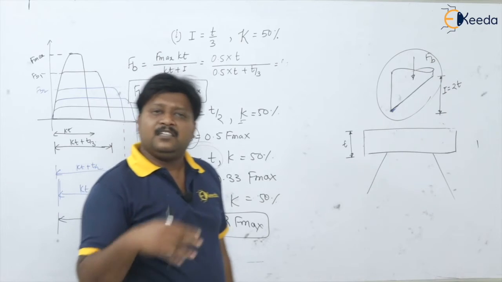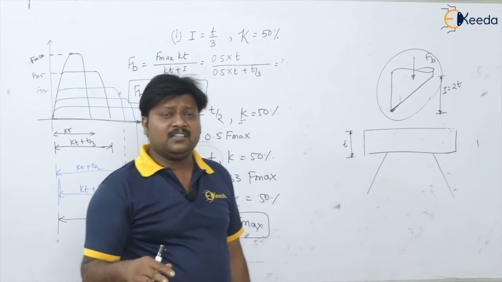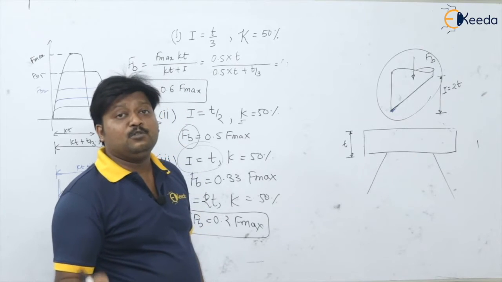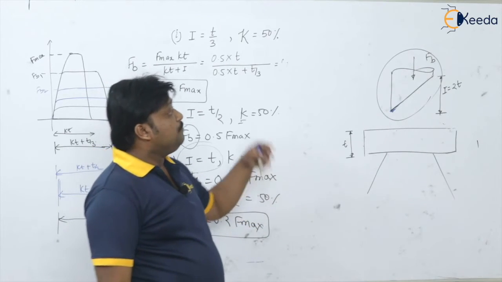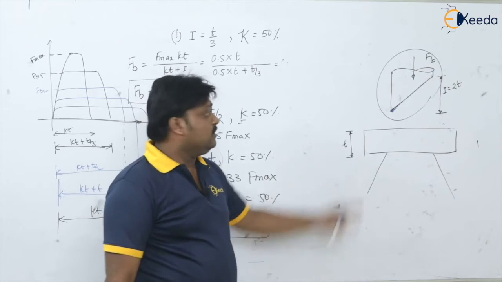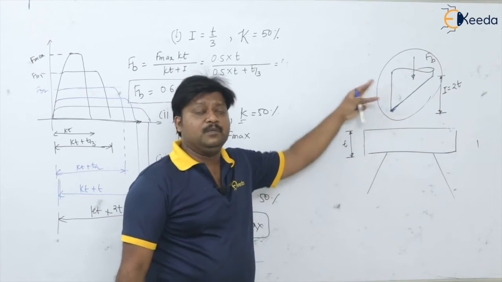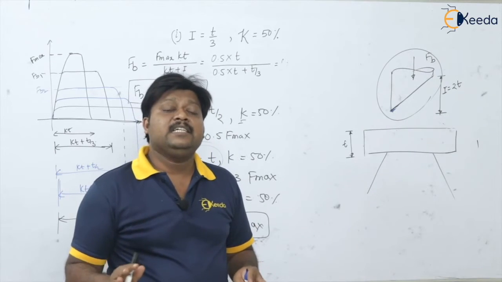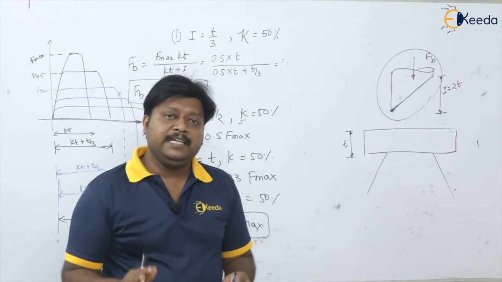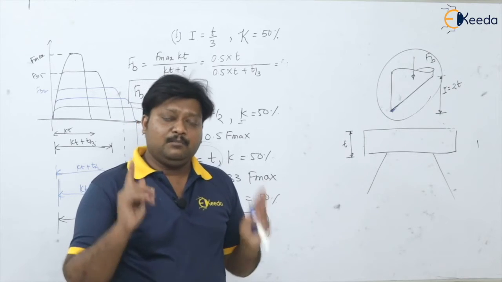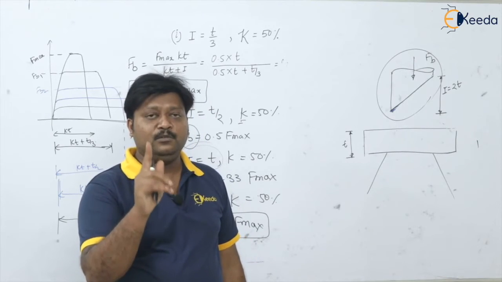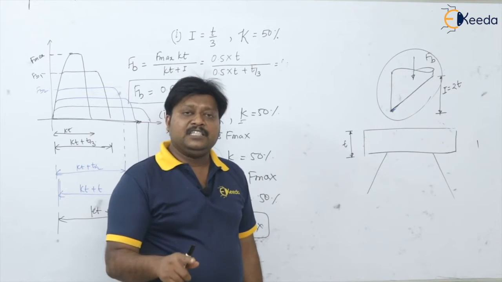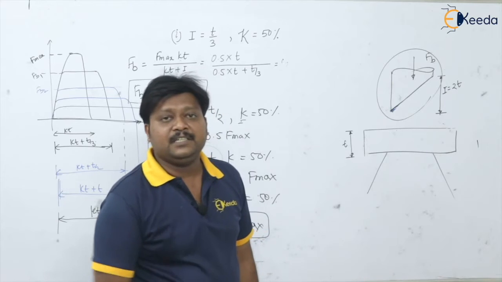Beyond that, if you are providing shear, no doubt forces come drastically down, but also tool life is going to come down by 50%, more than that. So this is not at all acceptable, please remember. So what is the maximum amount of shear provided? It is equal to the thickness of the plate, not more than that. And please remember, work is not going to change, work will remain the same with the shear and without shear.